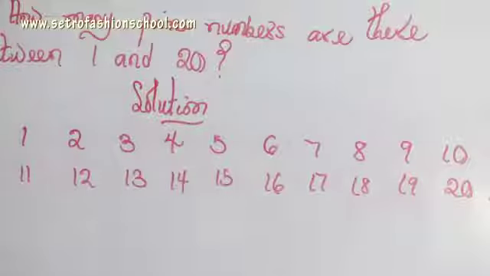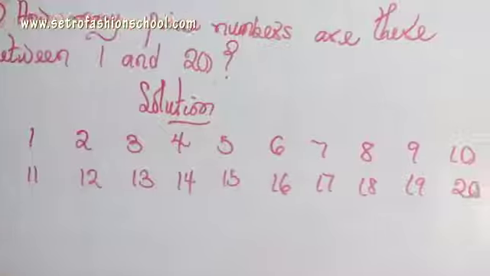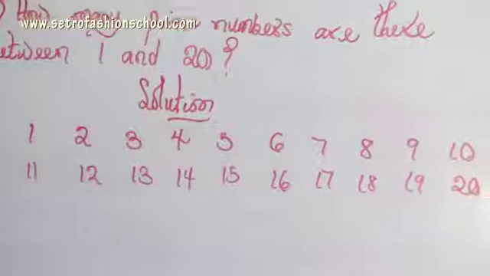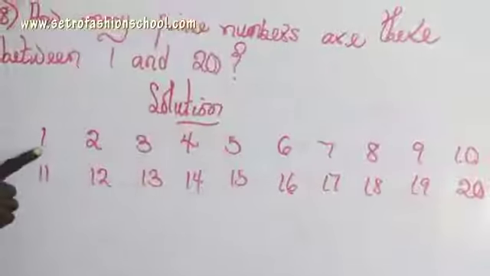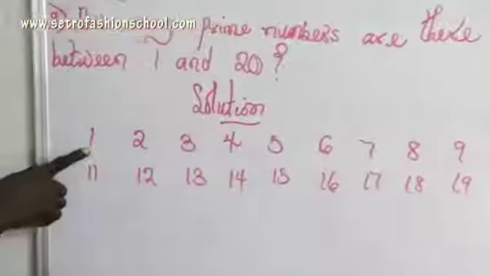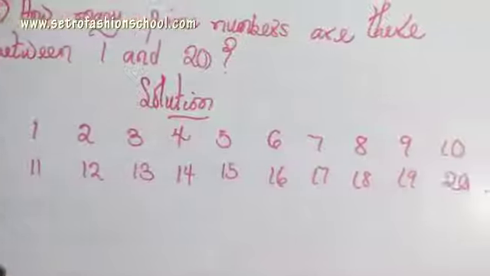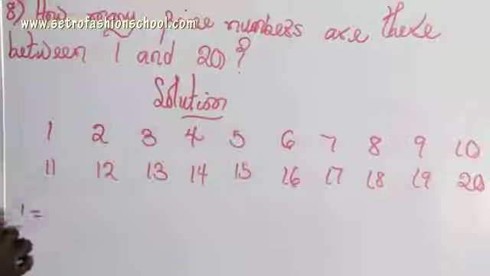After you have listed them out, the next thing you have to do is identify the numbers that are prime, that can be divided by 1 and only themselves. Now, let's check. Is 1 a prime number? No. Why? Because 1 has just 1 factor. The prime factor of 1 is just 1.